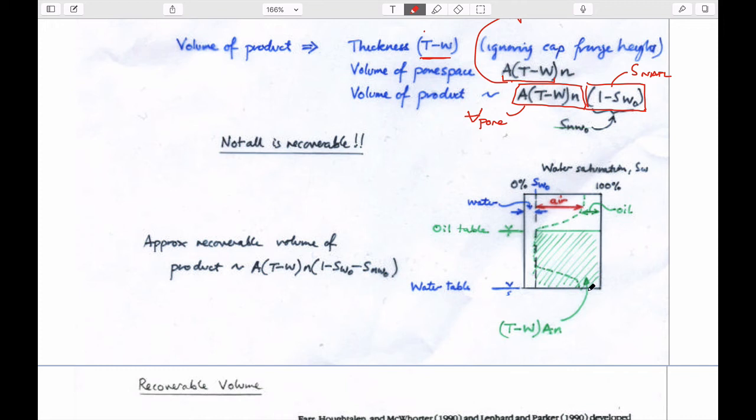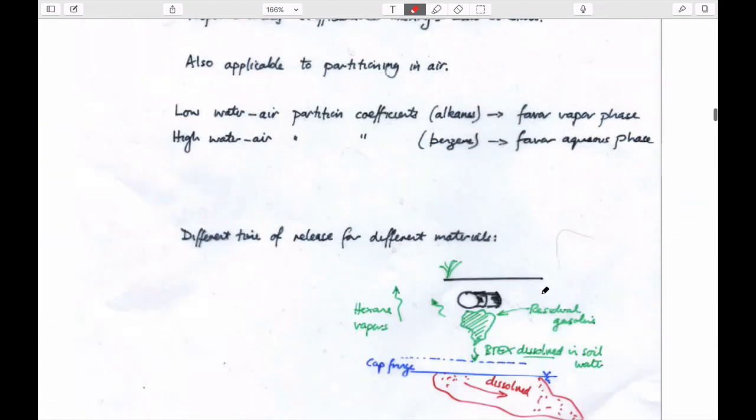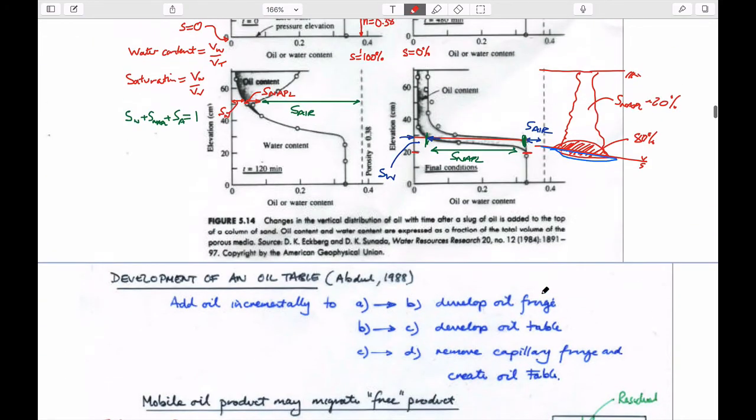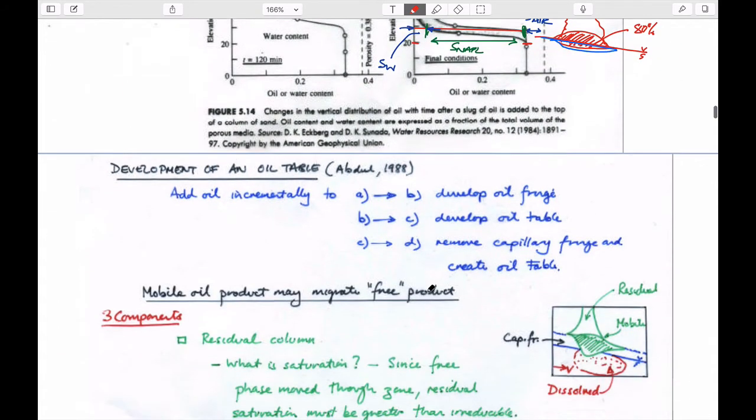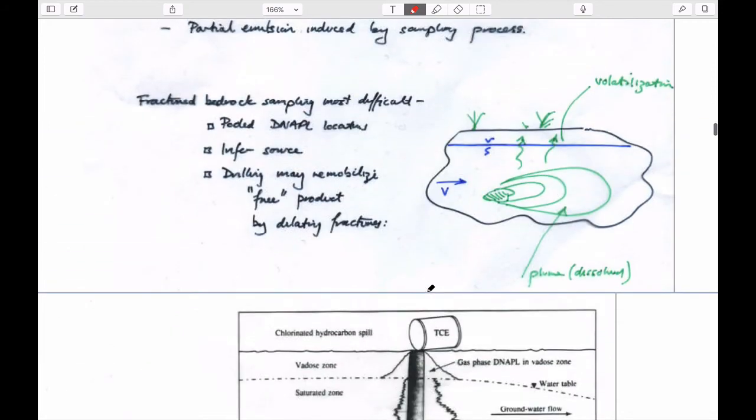And this term here, if we looked at the distribution of these fluids in the same way that we looked at this, if you just go back here. So remember that we divided this up into water, NAPL, and air as we go down through this column. So we could do exactly the same things in this figure here.